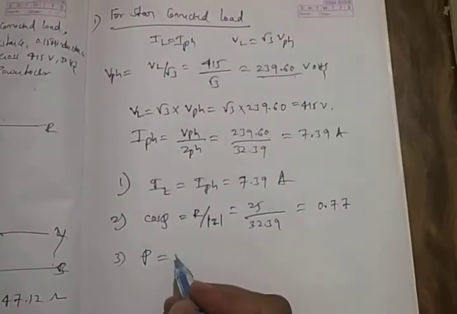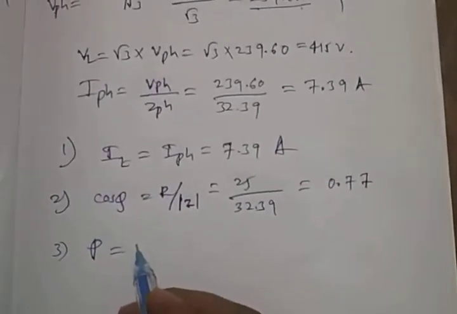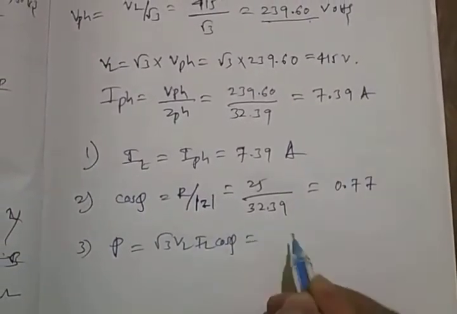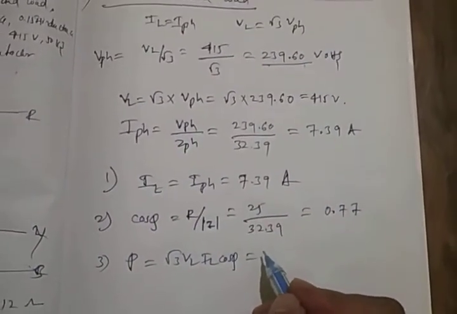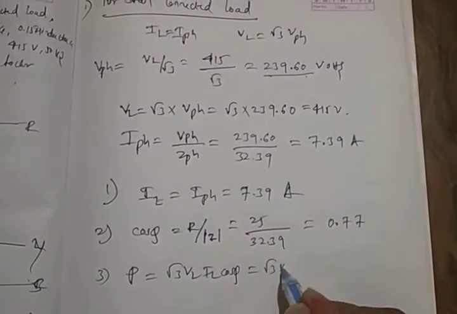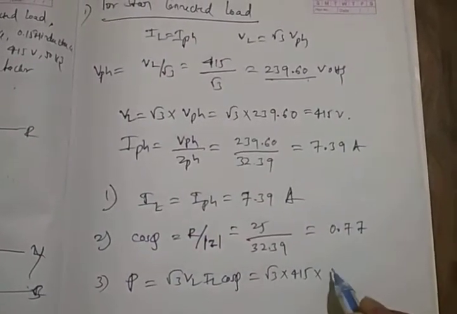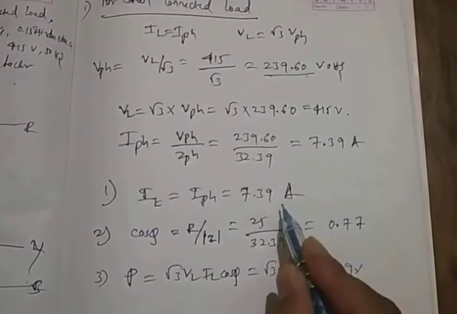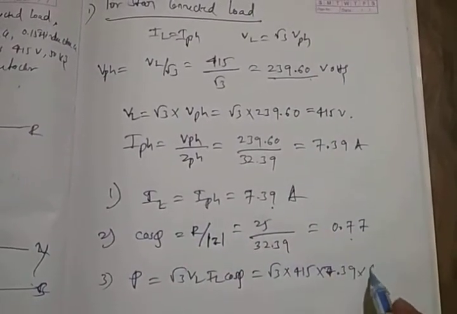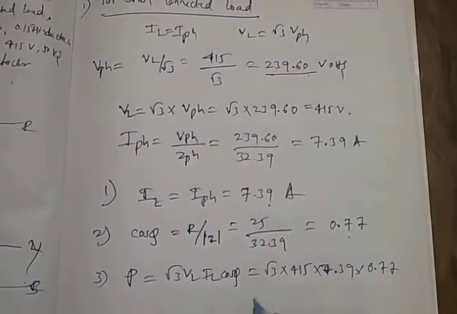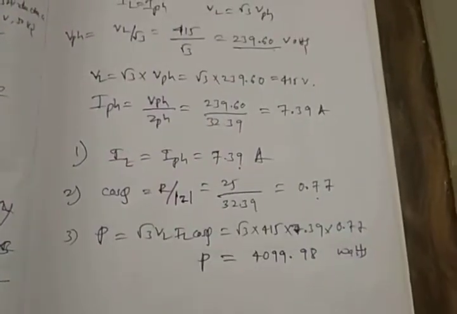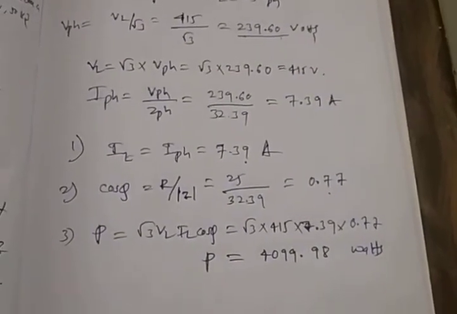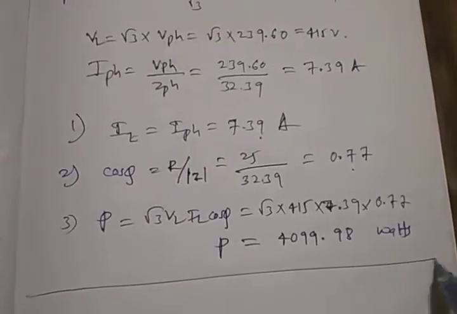The total power is equal to root 3 VL IL cos phi: root 3 into VL, which is 415 volt, into IL, which is 7.39, into power factor 0.77. Simplifying, you'll get power equal to 4099.98 watts. This is for the star connected load.